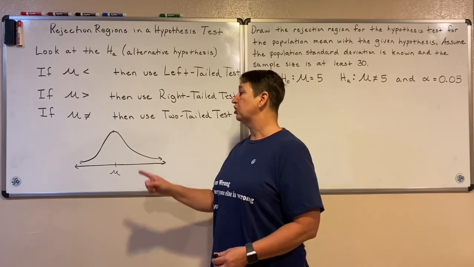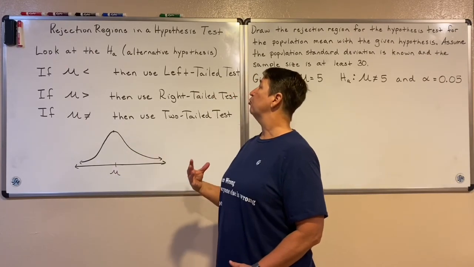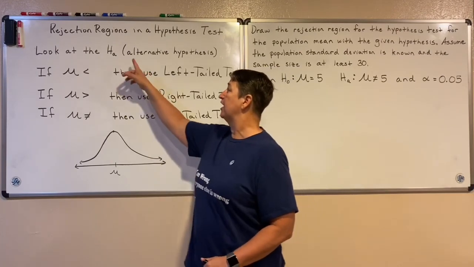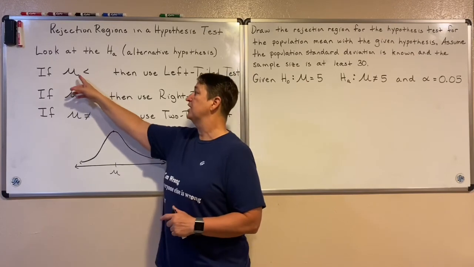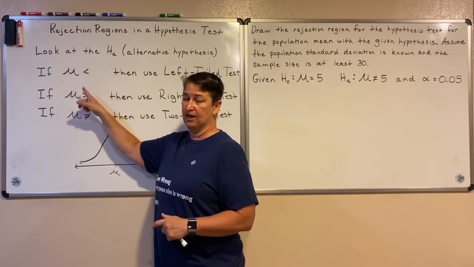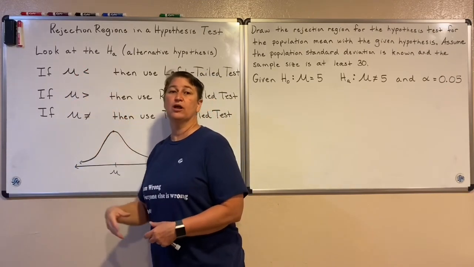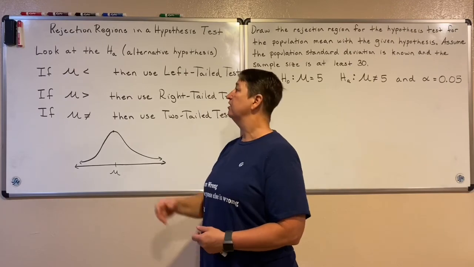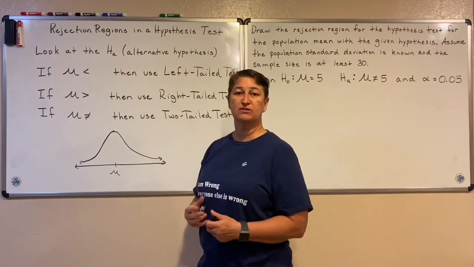So we're going to look at this sampling distribution, and if our alternative hypothesis, our research hypothesis, is looking for our mean to be less than, or our proportion to be less than what the null hypothesis is, then we're going to use our left-tailed test to help us to test it.